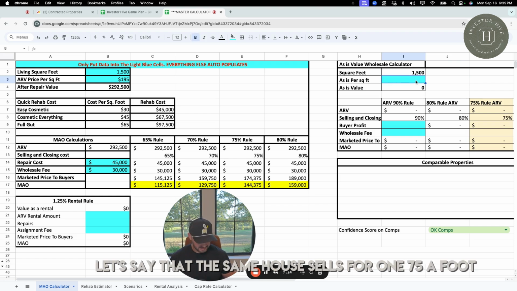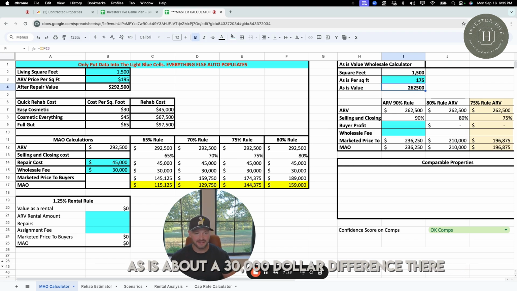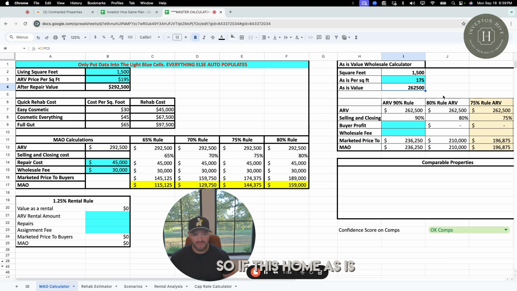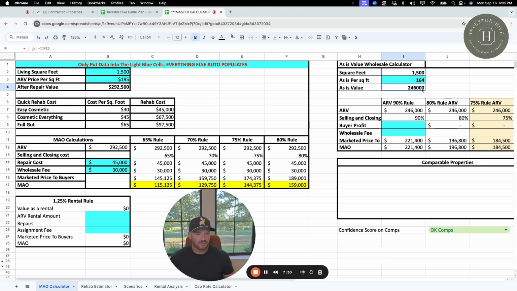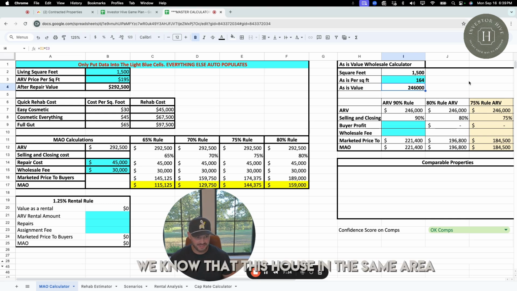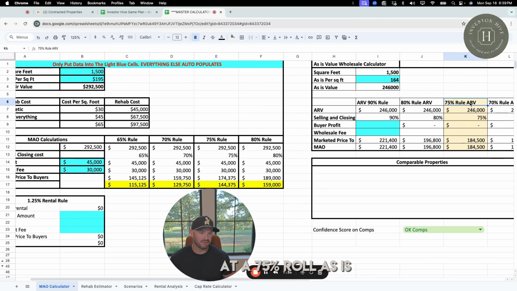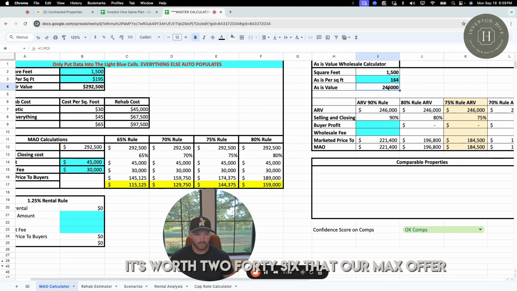So for this sake, let's say that this same house sells for $175 a foot as is, about a $30,000 difference there. So if this home as is, without doing the $30K in repairs to it, actually I'm going to drop that down just a little bit. We'll use that number there. We'll sell at $246. Well, we know that this house in the same area at a 75% rule, as is, it's worth $246.